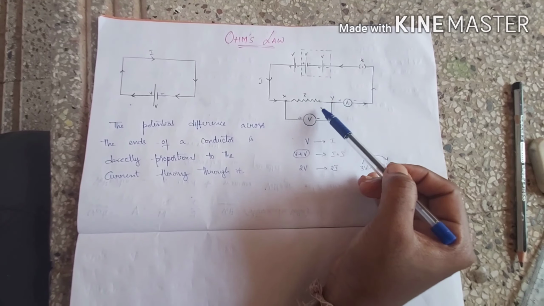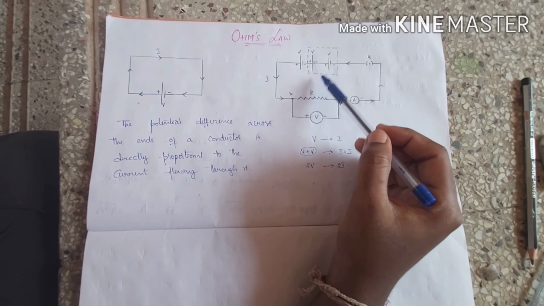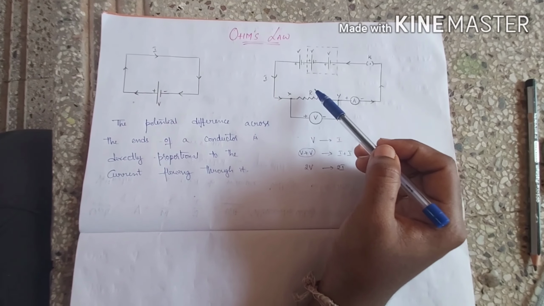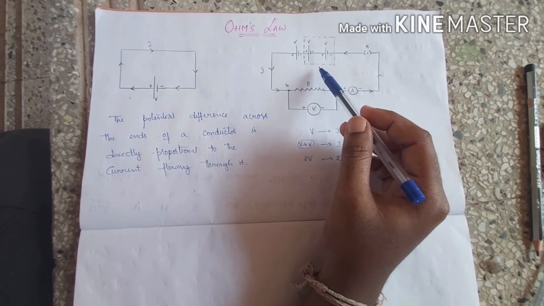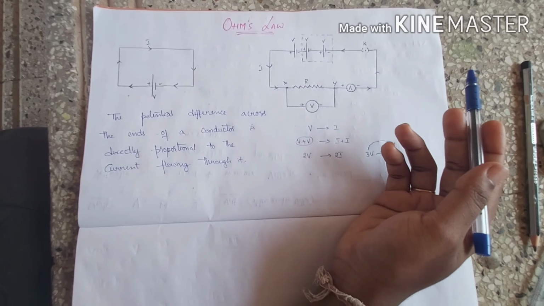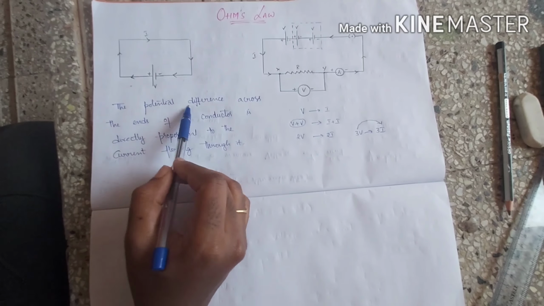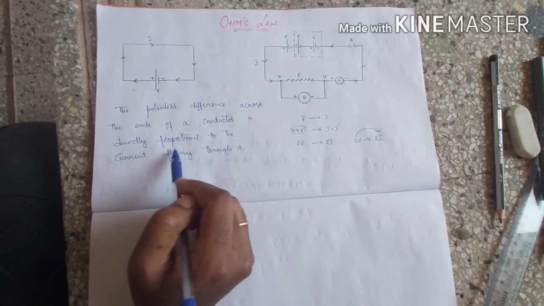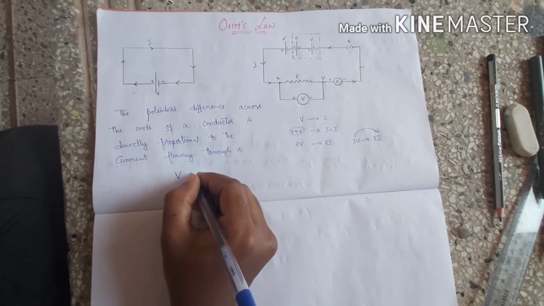For the experiment, we took the nichrome wire and took readings with one cell, two cells, three cells, so we have n number of readings by adding cells to the circuit. In all the cases, we end up with this statement: the potential difference across the ends of a conductor is directly proportional to the current flowing through it.